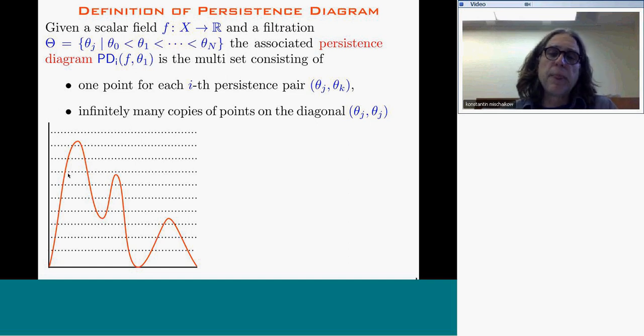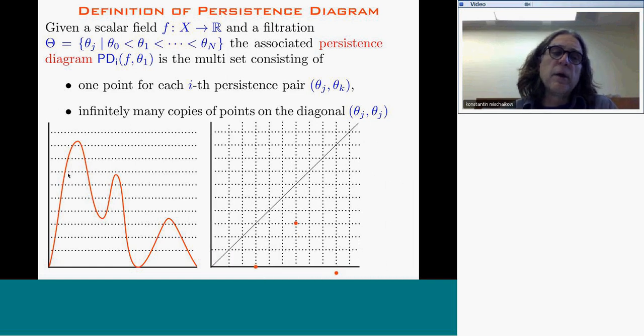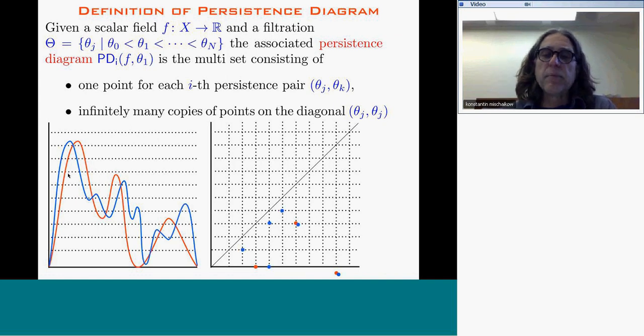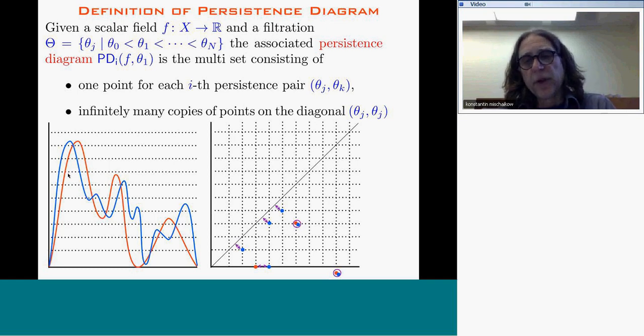So I have a nice function, a persistence diagram, and I perturb it slightly with noise. I'll get a different persistence diagram, but the blue points that appeared naturally match to the diagonal because these are noise effects, so their birth and death levels are the same.